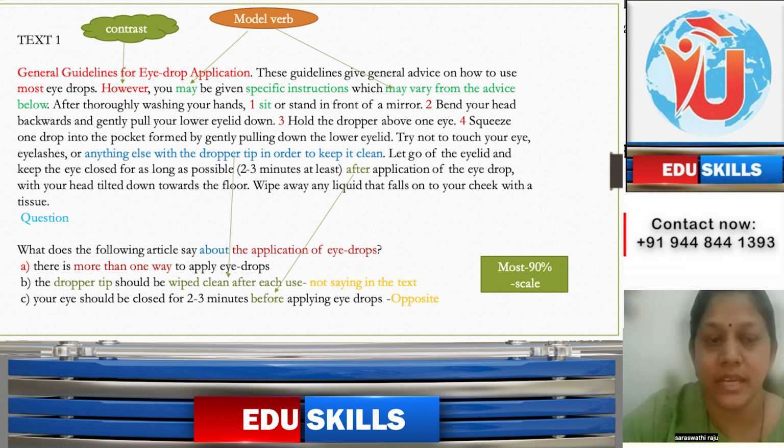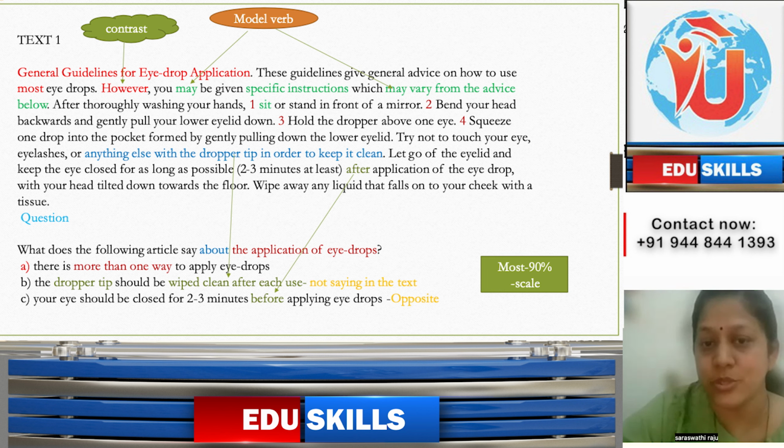After thoroughly washing your hands, sit or stand in front of a mirror. So this is one method. Bend your head backward and gently pull your lower eyelid down. So this is the second method. Hold the dropper above one eye. Squeeze one drop into the pocket formed by gently pulling down the lower eyelid.